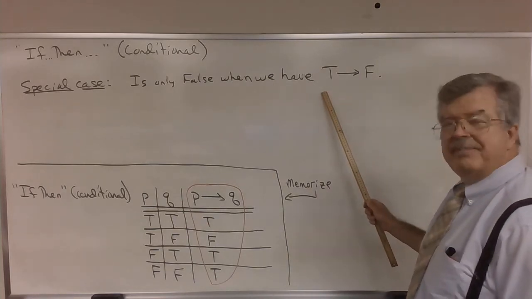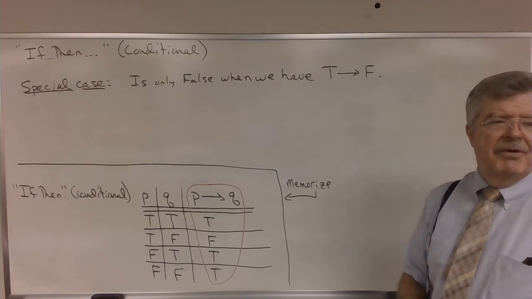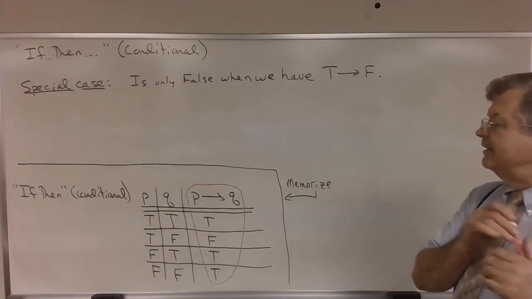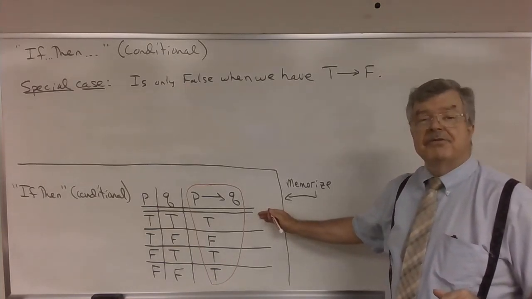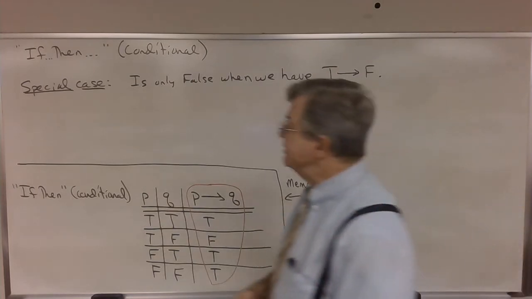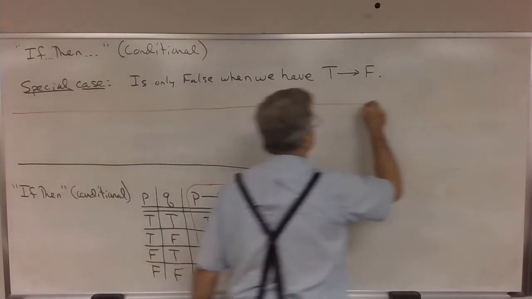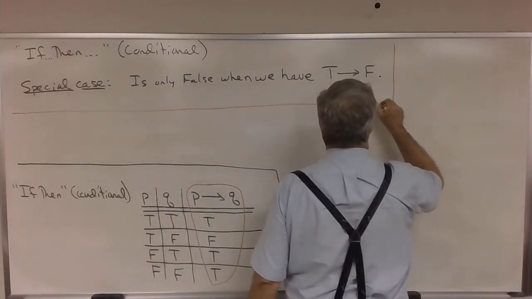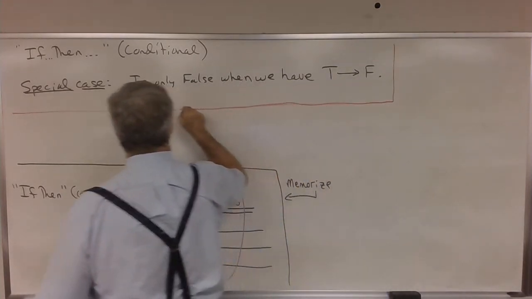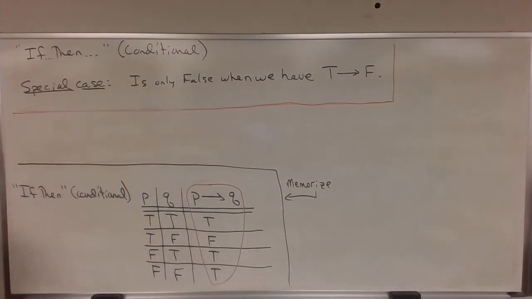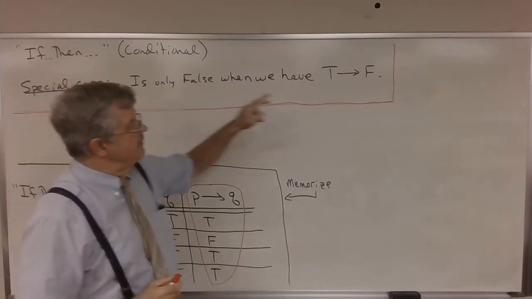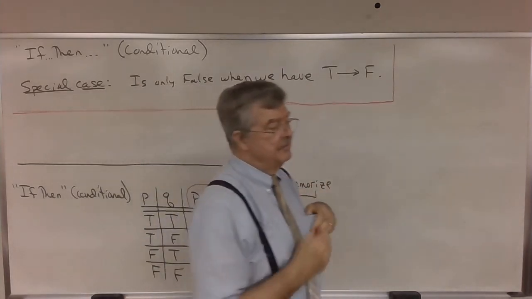So this is the special case that we need to memorize. This will tell us how to fill in the truth values for the rest of the table. So special case for a conditional or if-then statement, it's false when we have true implies false.